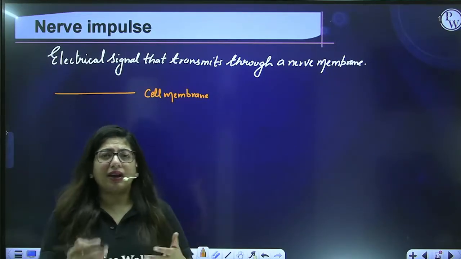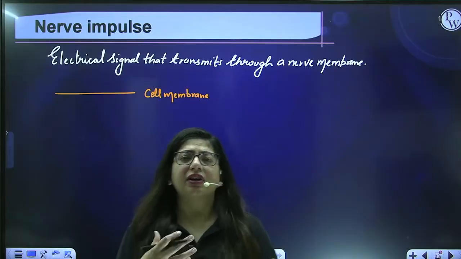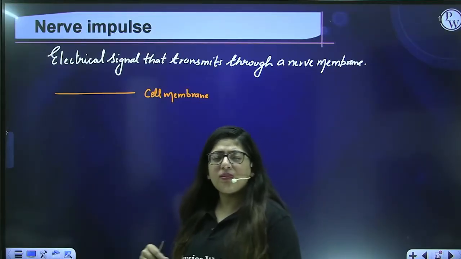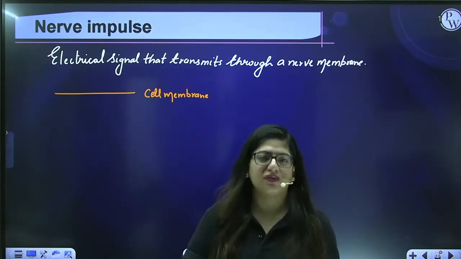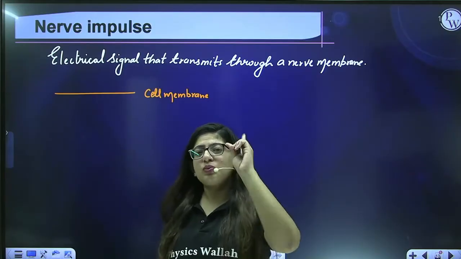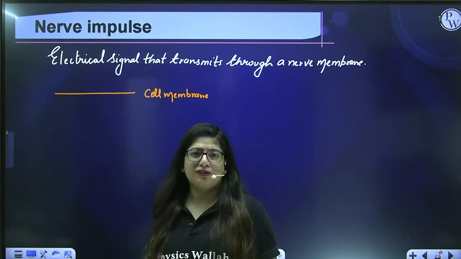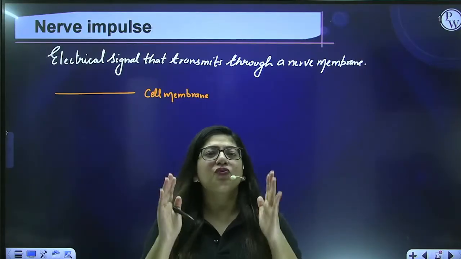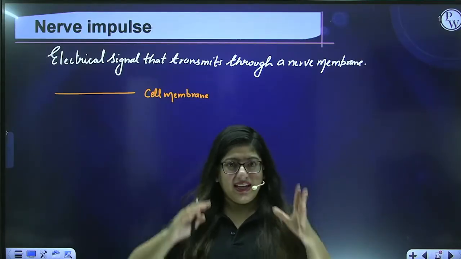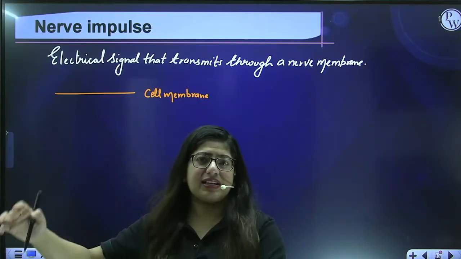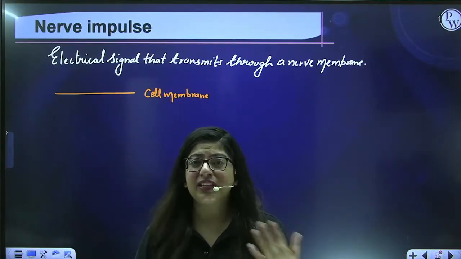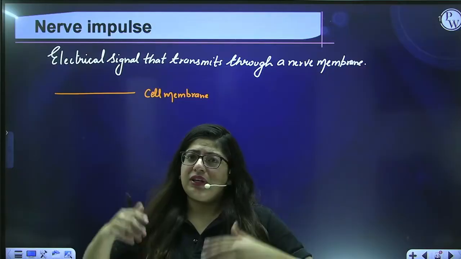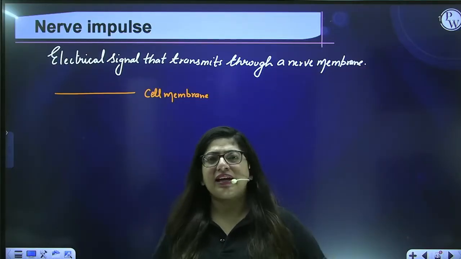Then how does this electric current move, and what phenomenon leads to its formation? The thing responsible for generation of this current is a stimulus. Whenever a stimulus arises, the nerve cells get excited and start producing electric current.